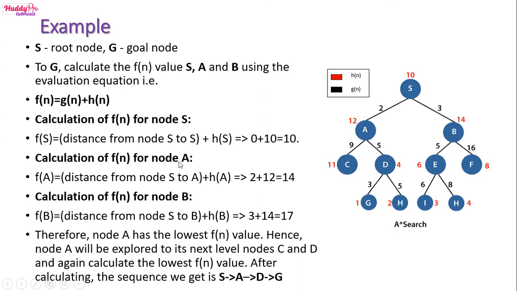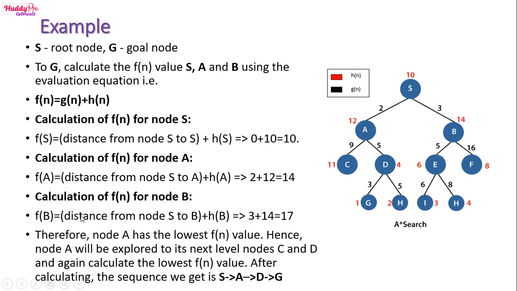Now if you want to calculate f of n for node A, that is f of A, the distance first of all from S to A is 2, and then the distance from A to the goal node G, the heuristic value, is given here as 12. So we have 2 plus 12, which is 14.